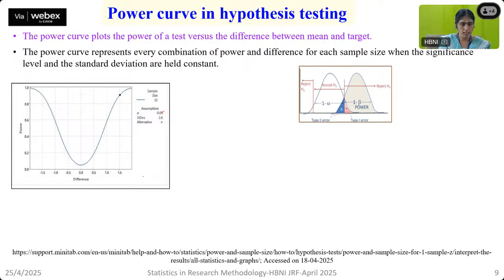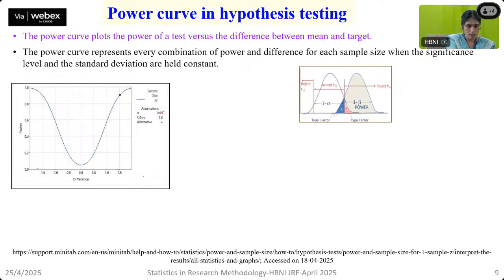In this curve, you can see that it is a downward Gaussian, symmetrical with respect to the central point. If the difference between the measured and the true value is 0, that means the power will be equal to alpha.